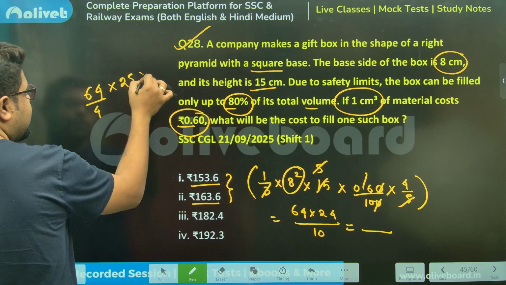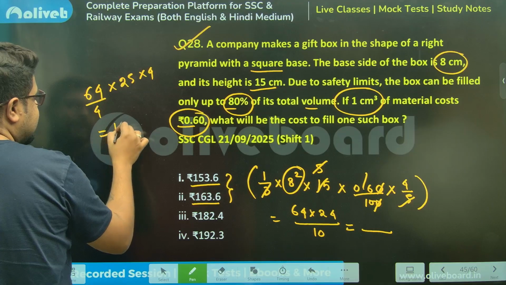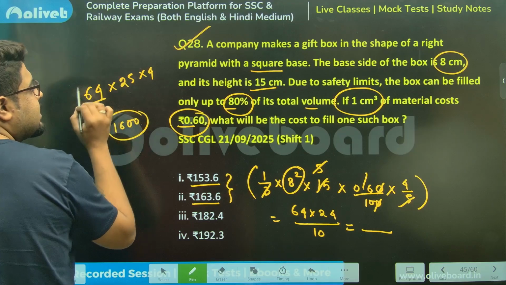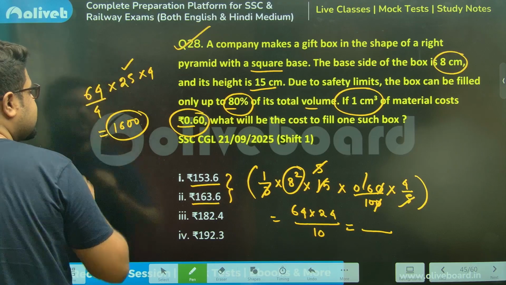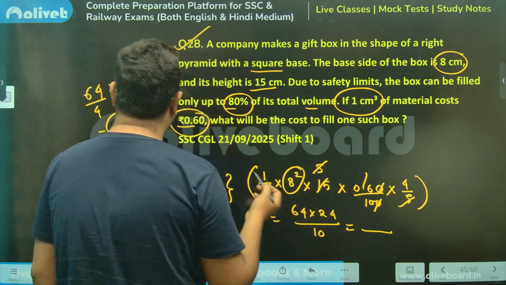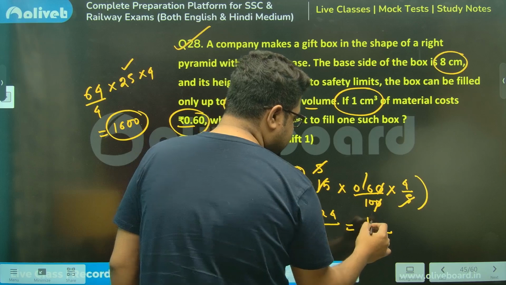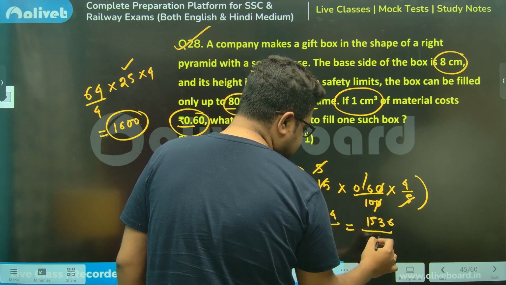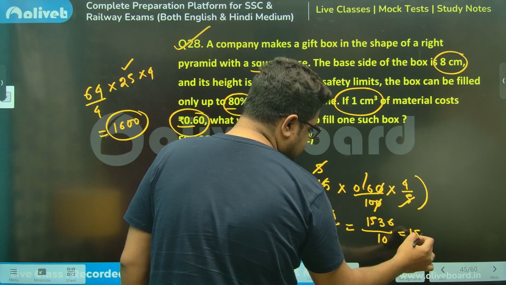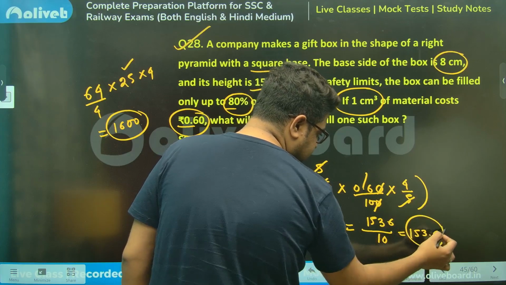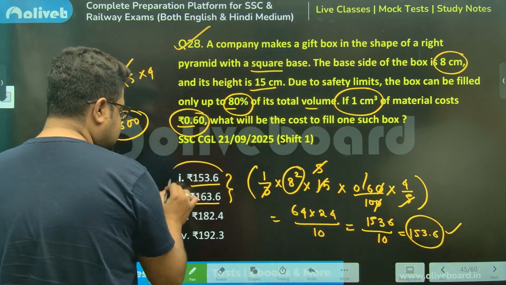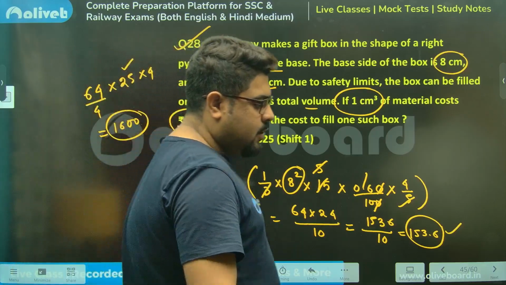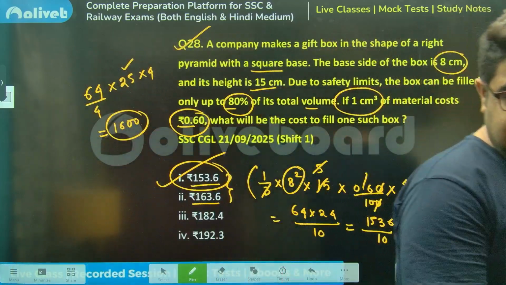By 4 into 4, that will be 1600. But again it was 24, so minus 64. Minus 64 will be 1500 and something. 1536 by 10, so 153.6 will be your correct answer, sir, which is option number 1.